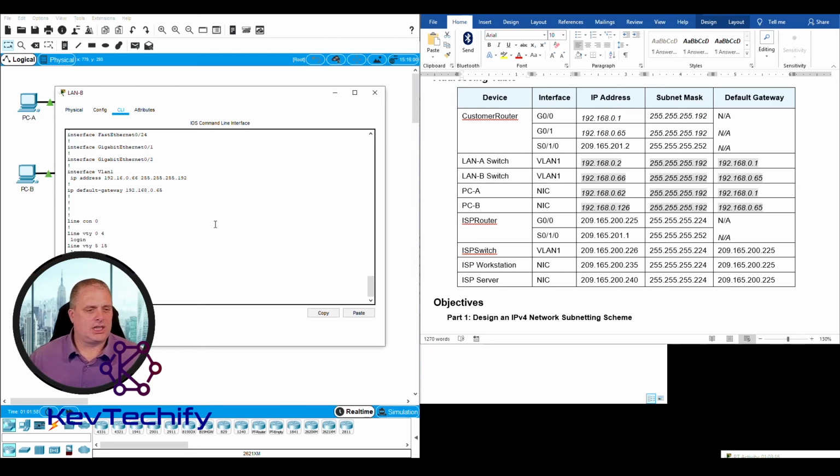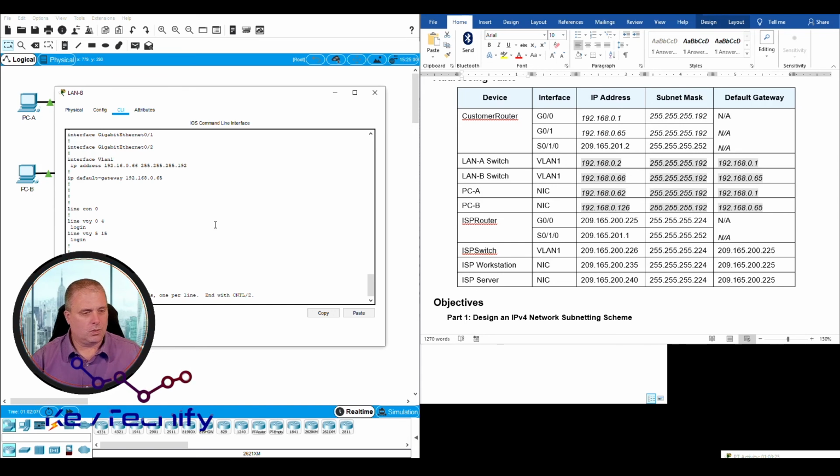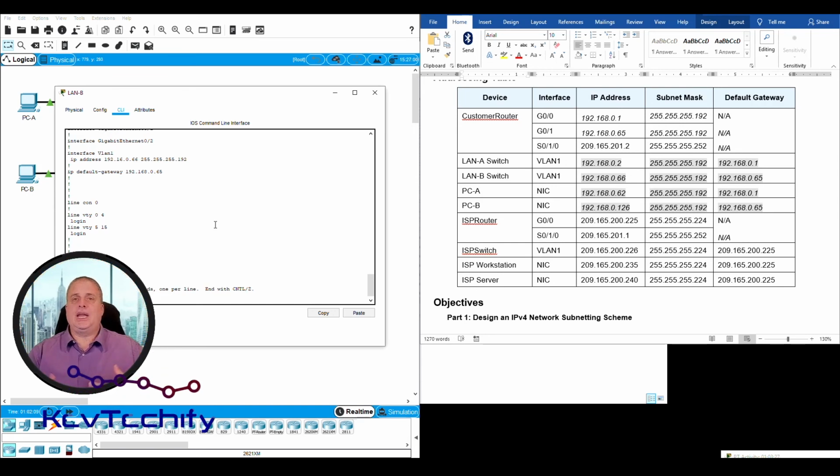Now, to go in and change that, I'm in privilege exec mode now. I type in config T, go into the interface of VLAN 1, so interface VLAN 1. Now, to change an IP address, all you do is retype it and it's going to overwrite it. So IP address 192.168.0.66. Because we're setting the IP address, we need to put in the subnet mask 255.255.255.192.